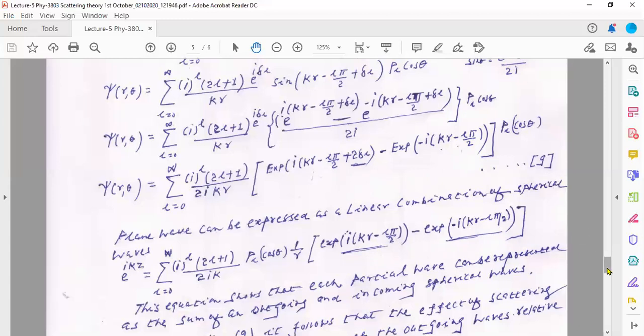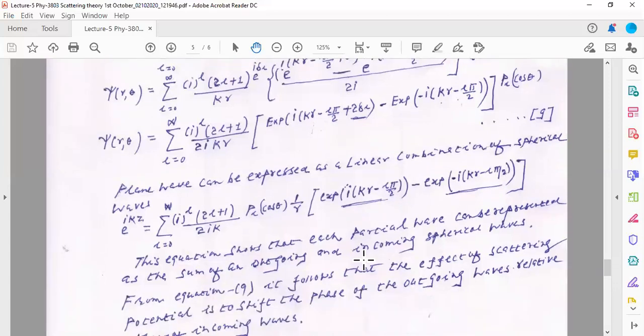So here you see this equation shows that each partial wave can be represented as a sum of outgoing wave as well as incoming spherical wave. This is the relation which we have developed, and we know that for each partial wave e to the power of ikz, when you solve the Bauer's expansion and simplify it, one can write e to the power of ikz in this form.